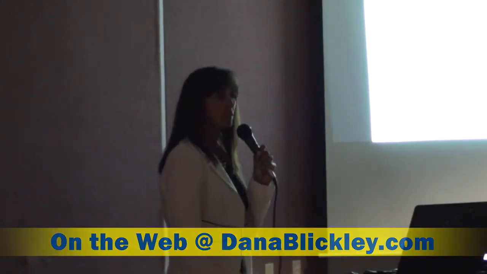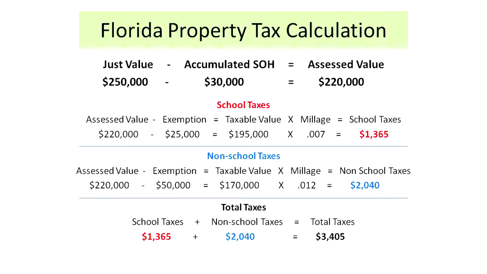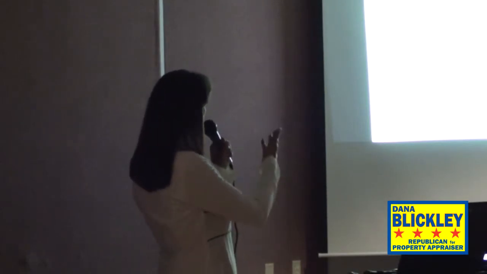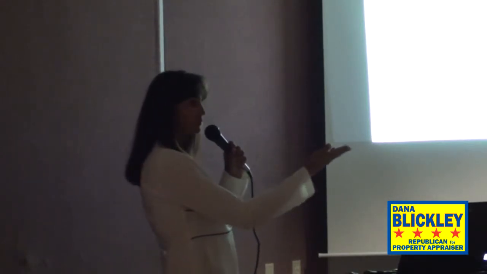So here's the calculation in math for those of you that like math. Your just value minus your accumulated SOH gives you your assessed value. We start with assessed. So for school taxes, you say 220 minus your exemption gives you your taxable value, multiplied by your millage rate would be how much you would owe for your public school funding.